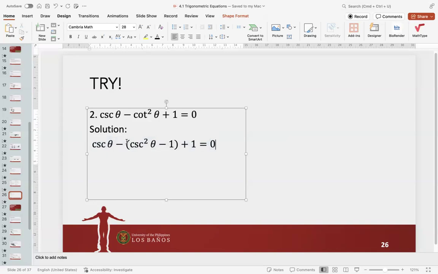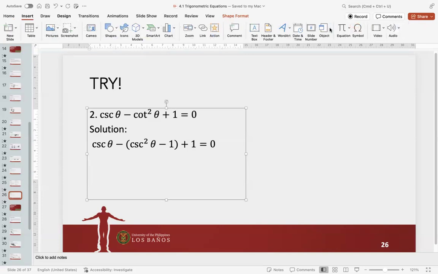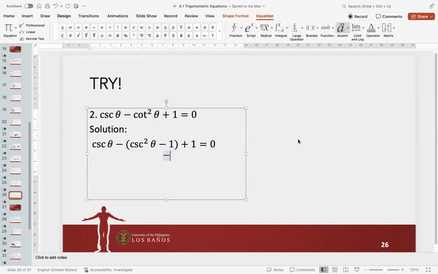And remember that cosecant squared theta is equal to cotangent squared plus 1. So changing cotangent squared with its equivalent, we get this. And then we just simplify everything. So we're going to get negative cosecant squared theta. Okay, so we distribute.